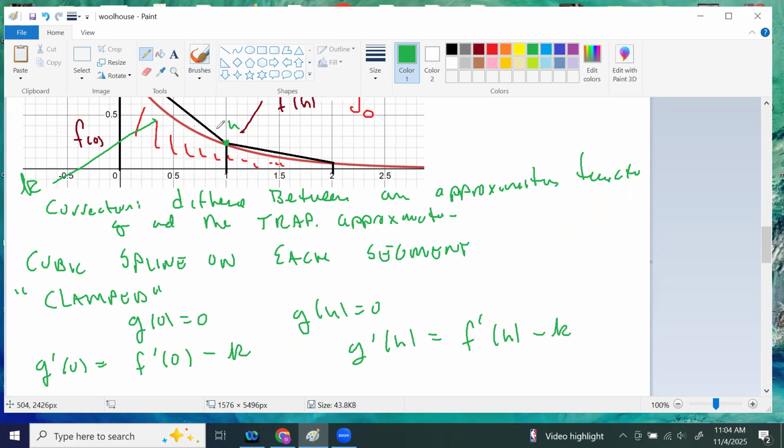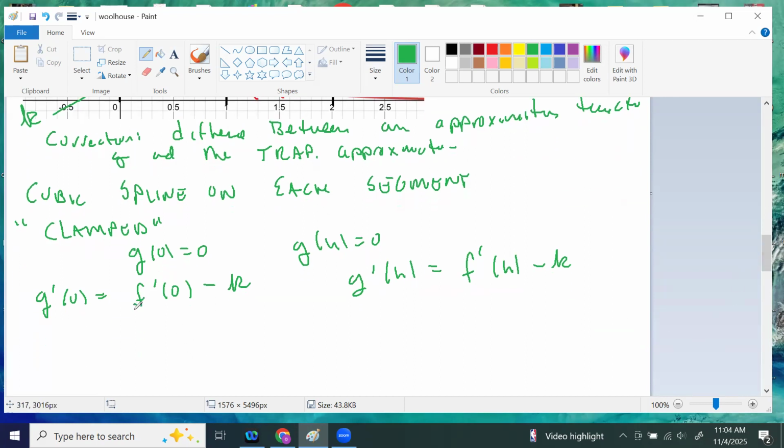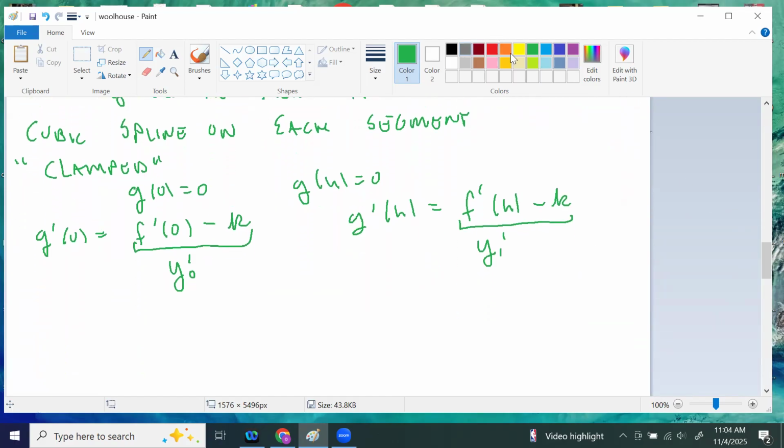Now, you notice the k is going to vary from segment to segment, just like the values of the functions do. Now, I'm going to denote this difference here by y0 prime, and I'm going to denote this difference by y1 prime. Now, the spline that we're going to use, g of t, will be a t cubed plus b t squared plus c t plus d.